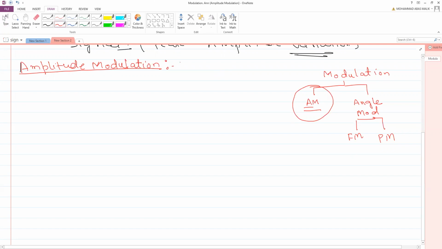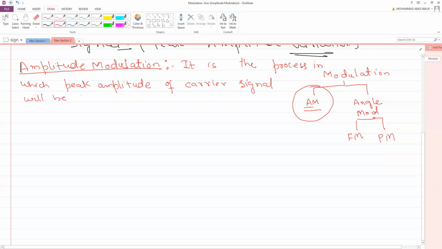So I will write the definition. It is the process in which the peak amplitude of the carrier signal will be varied linearly with respect to the message signal.